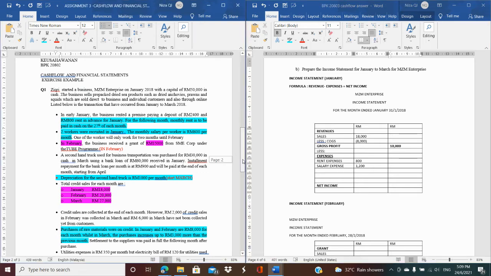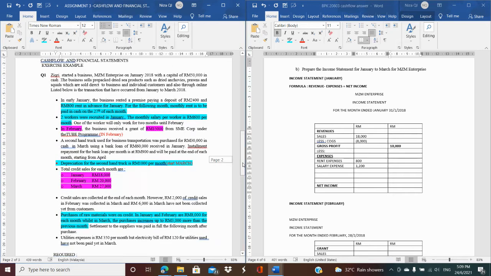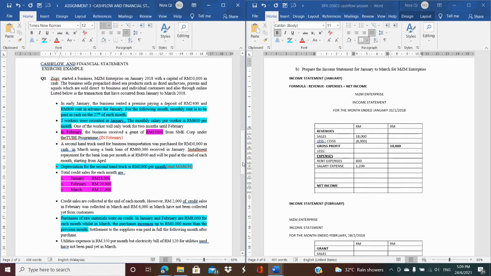There is another transaction here about the utilities expense. This is an expense that will be incurred monthly. But there is also a situation here stating that for March, 120 have been used but not paid.